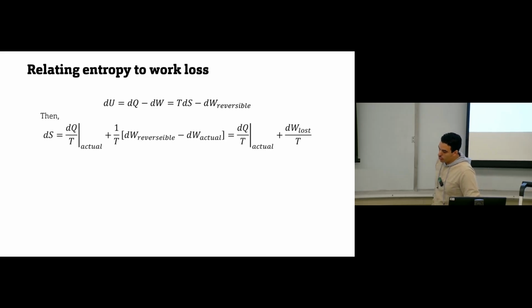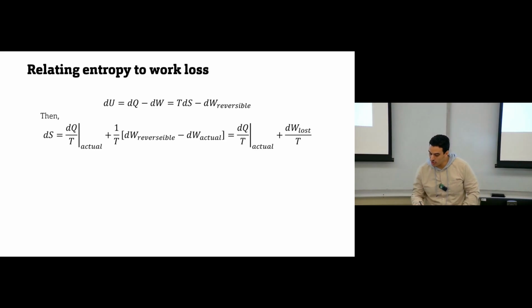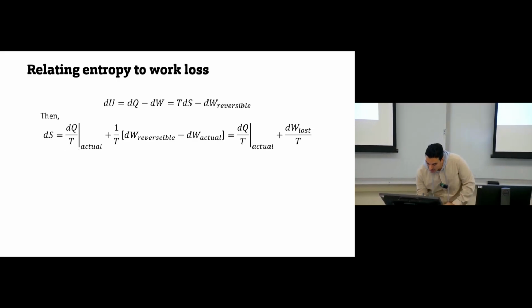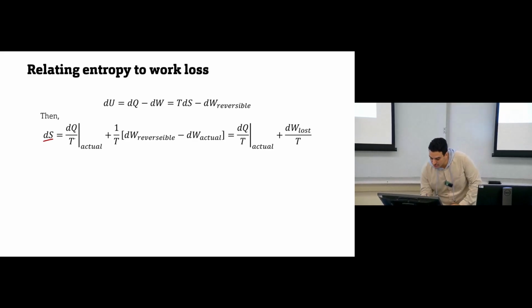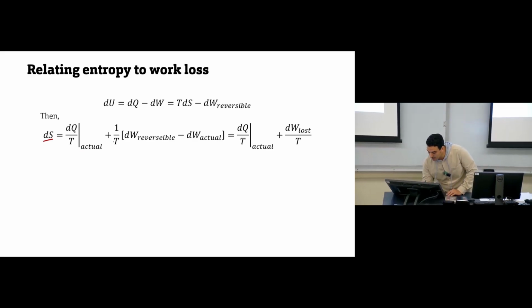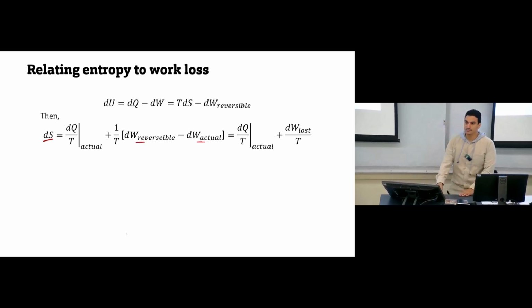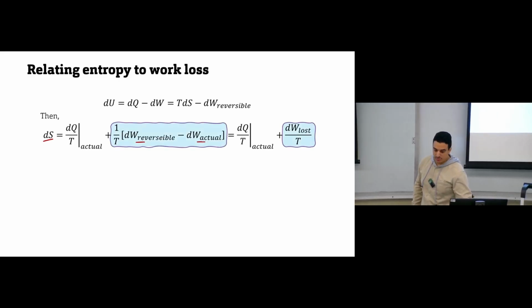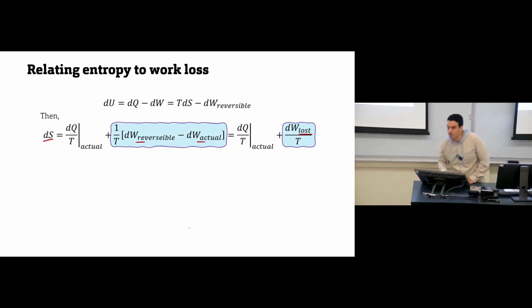Then if you put dS on the left side and rewrite the equation, this is what we will have: dS, the change of the entropy, is dq by T plus 1 over T times the work reversible minus dW actual. And dW reversible minus dW actual represents the amount of work loss.